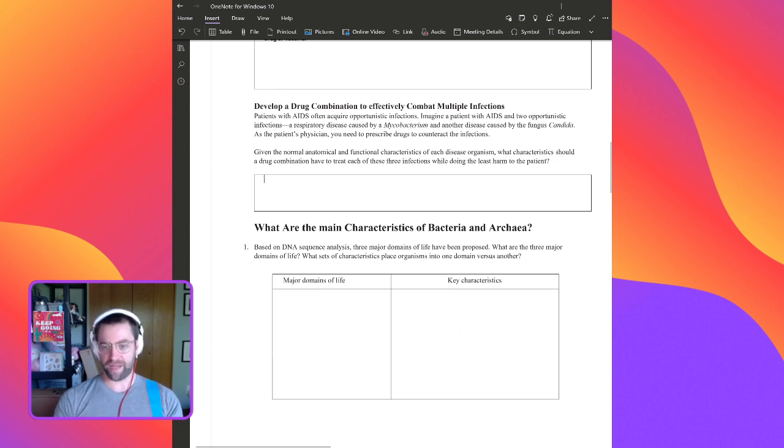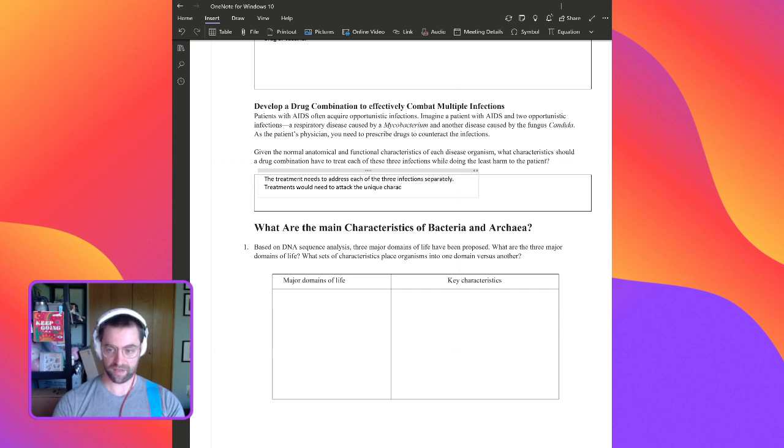But the main things to keep in mind here, there are 2 main points. The treatment needs to address each of the 3 infections separately, and treatments would need to attack the unique characteristics of each of the disease organisms.